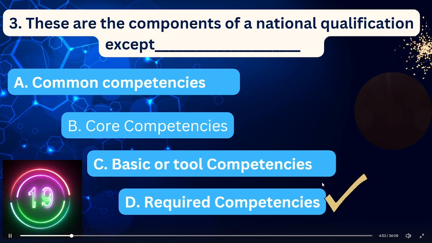Common competencies are the skills and knowledge needed by all people working in a particular industry. Core competencies are the specific skills and knowledge needed in a particular area of work, industry, sector, occupation, and job role.